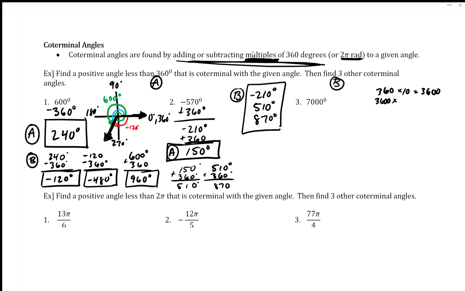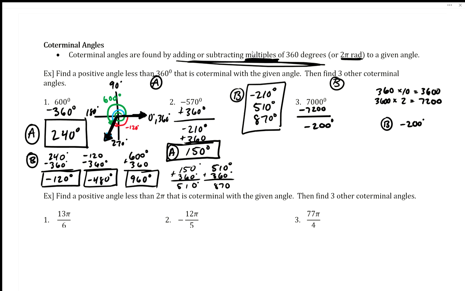I'm just doing some scratch work, and that gets me real close to 7,000. I'm trying to find something close to it to subtract, and I get negative 200. That's an angle that could be used for part B. So 7,000 degrees is equivalent to negative 200 degrees. They would put us in the same terminal spot.